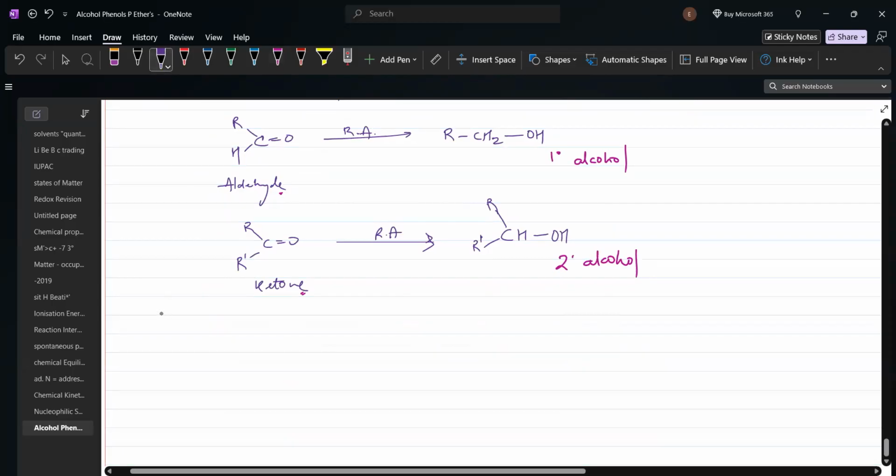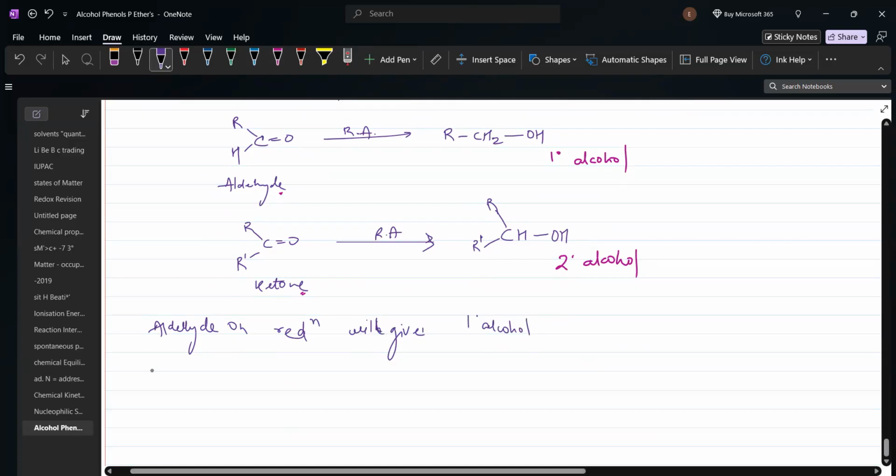So what points can be added: aldehyde on reduction will give 1 degree alcohol.